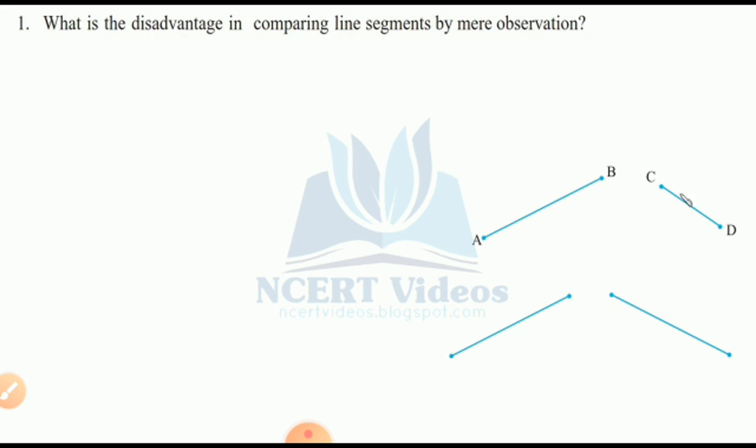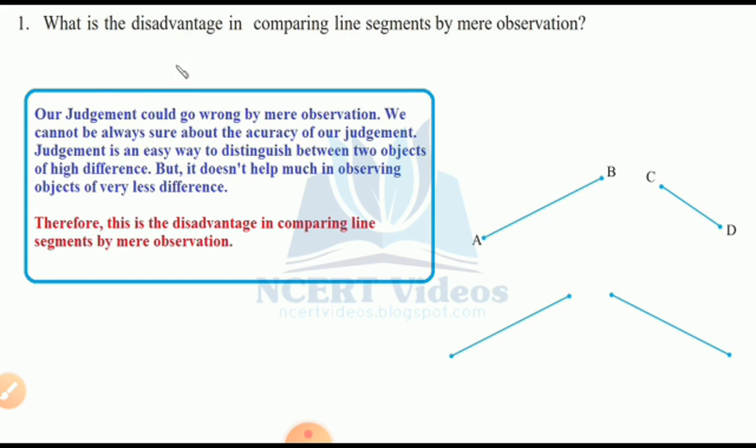Okay students, here two line segments are given, line segment AB and line segment CD, and we can check them by mere observation. But it is not a perfect method, so there is a disadvantage. Our judgment could go wrong by mere observation.